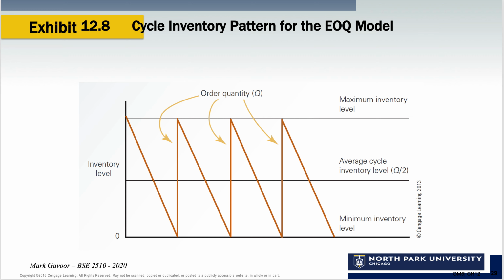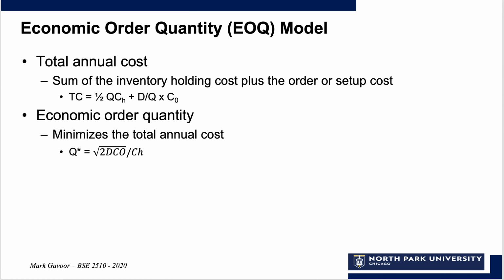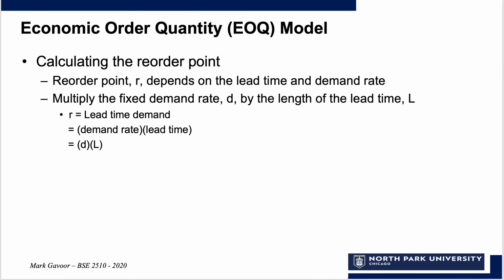Now, how do you complicate these models even more? You end up adding, if D has a statistical distribution and L, the lead time, and the daily demand rate both have different statistical distributions. Let's assume normal with means and standard deviations. Your calculations get a lot more complicated pretty quickly.